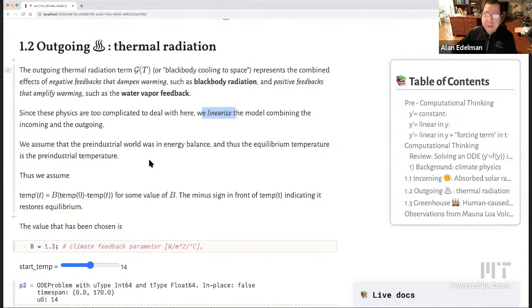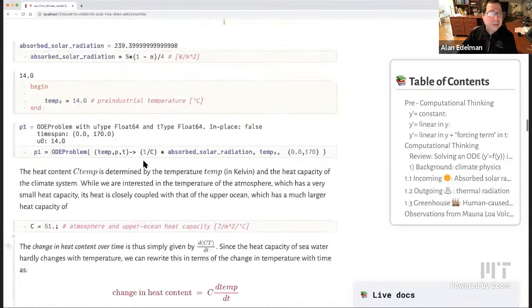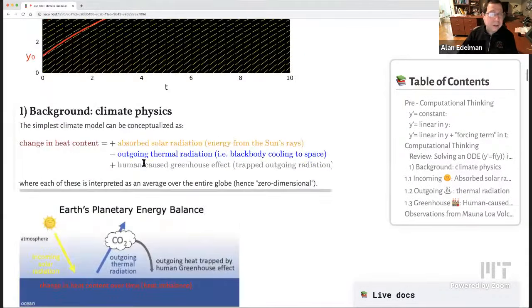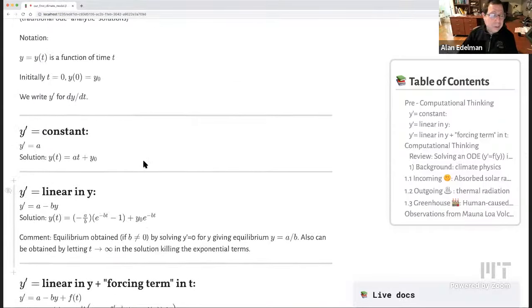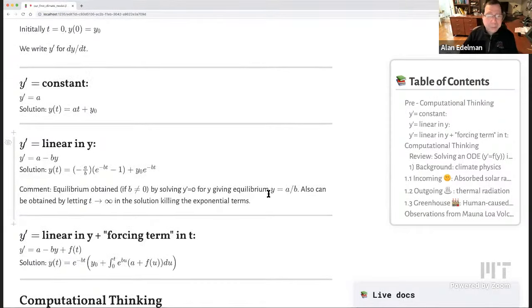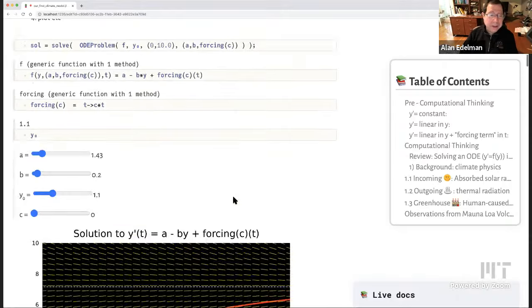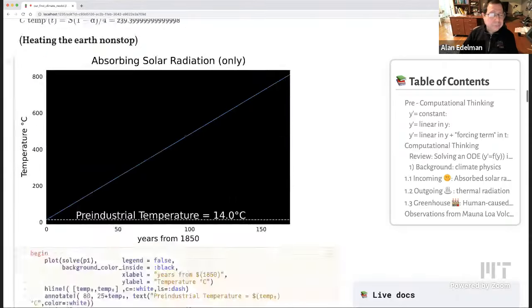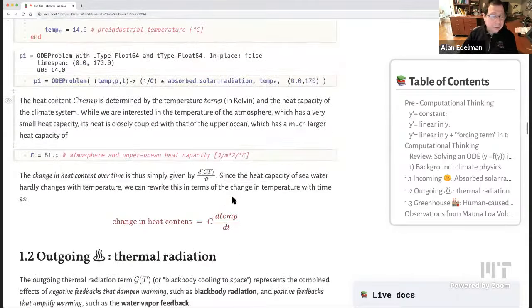Remember from earlier in this lecture, I pointed out that there's an equilibrium at A over B, right? And so if I know an equilibrium temperature, then I know the ratio of A to B. So there's a reason why I told this to you. I was planning ahead. Okay, so let's go back here.